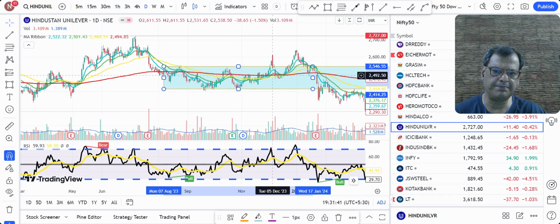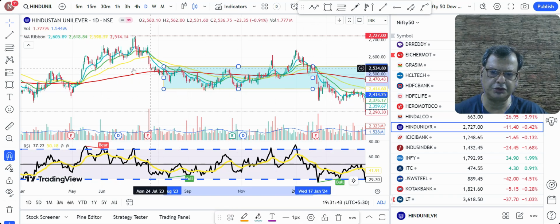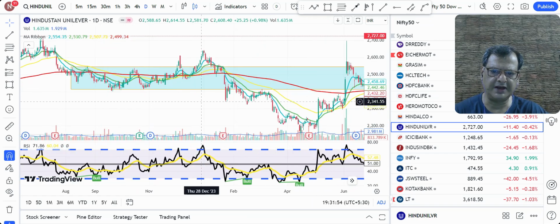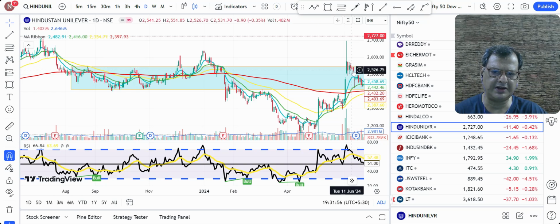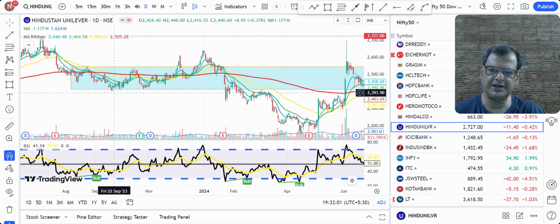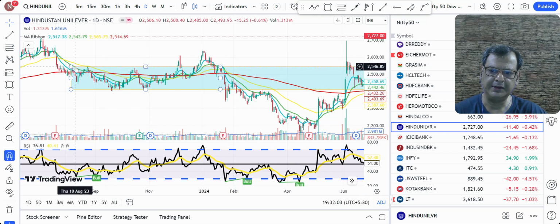So when the market is range bound between two points here and there, it keeps going up and down till it finally breaks through, and then again you have it come back here. But this time period is when the market is range bound.